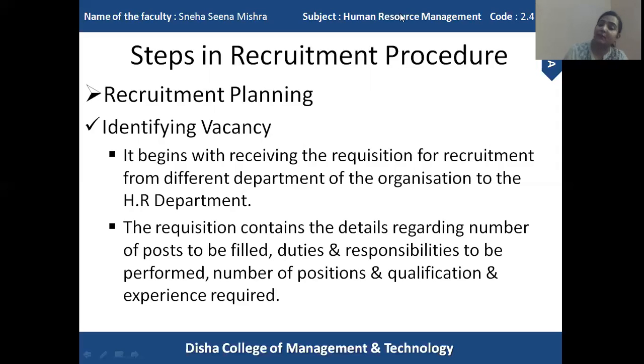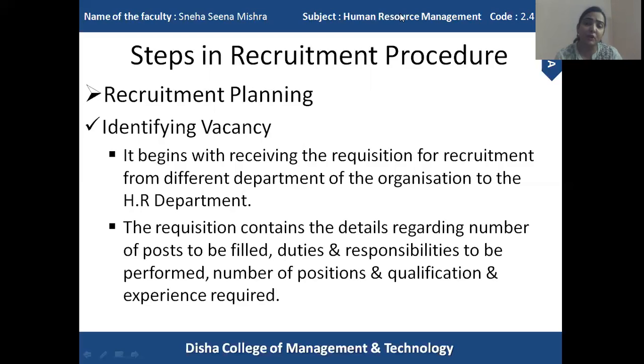So the total number of posts needs to be identified, and then whether they belong to one category of the job or different categories of the job also needs to be mentioned. And the last one is what kind of qualification and experience is required in order to do those jobs. So this list must contain each and every detail about those jobs.